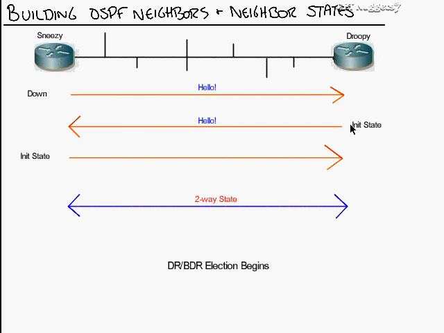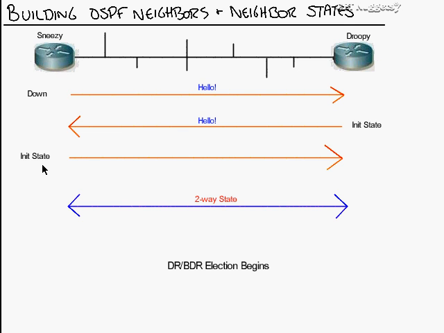It enters this state called init, initialization. So if I were to do a show IP OSPF neighbor on Droopy, I would see the Sneezy router and its router ID in the init state. Now Droopy will send a hello message right back out, and now Sneezy knows about it. And if I were to look at these two, they would both sit in the init state. They would list each other as a neighbor in the init state.